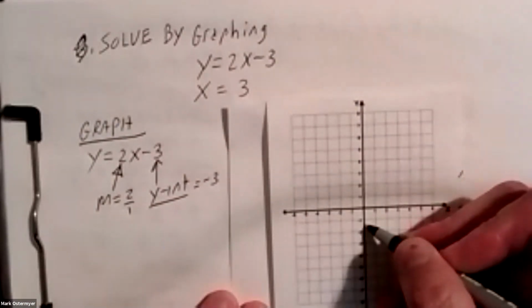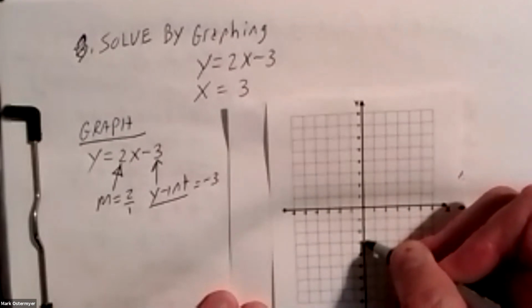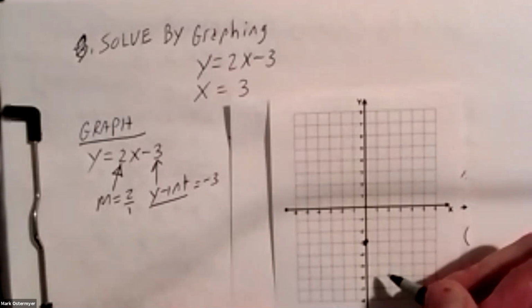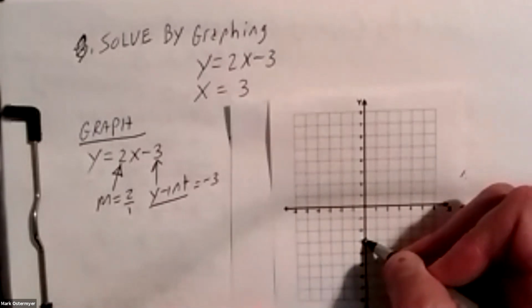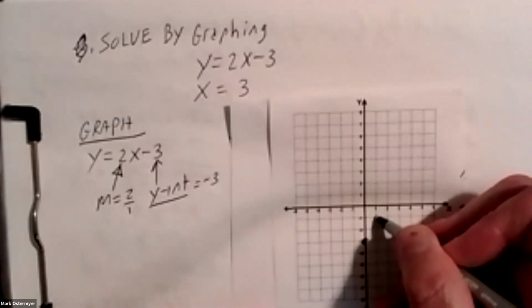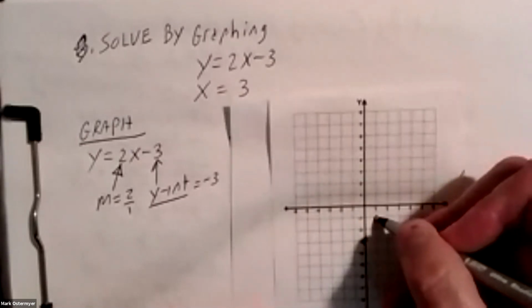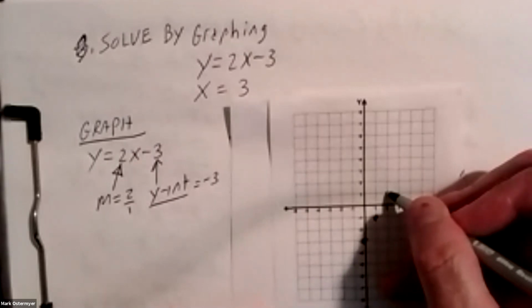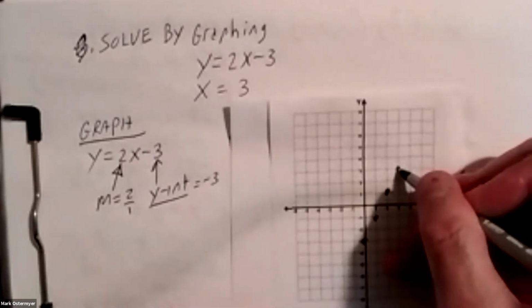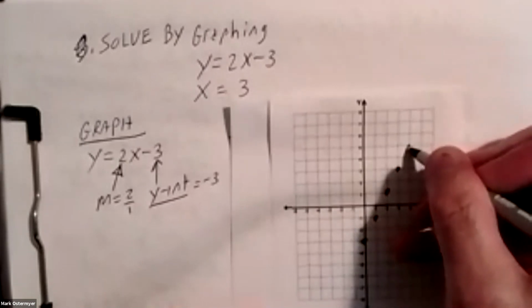So (0, -3) is going to be right here on the y-axis. That's the y-intercept. But we know the slope is 2/1. So if I start at my y-intercept, if I go up 2 positive units and 1 positive unit to the right, I should be able to plot another point. I can do this again. Up 2, 1 to the right, plot a point.